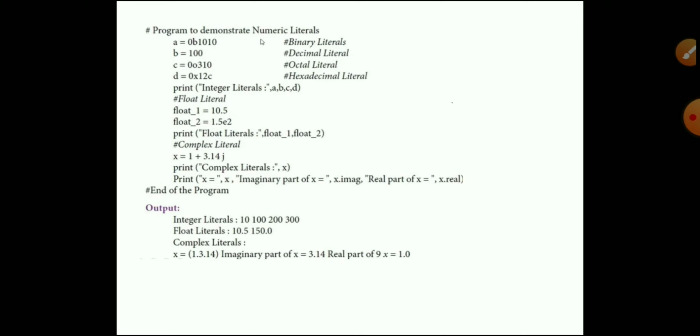Next one, octal literal: c equal to 0o310. 310 is the normal integer value, and before it we add 0o, the octal specifier. So an octal value starts with 0o, capital or small letter o.